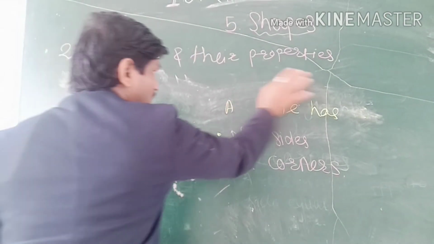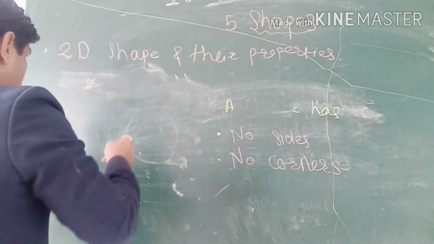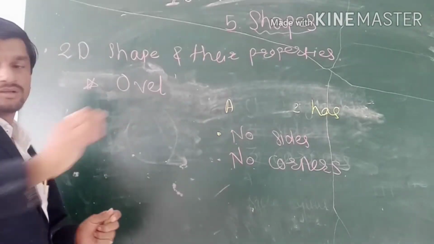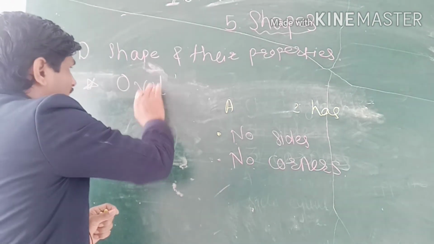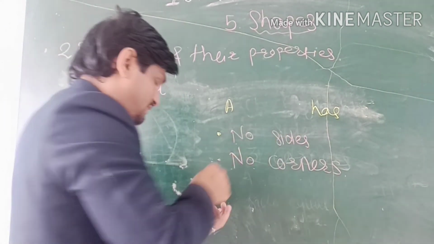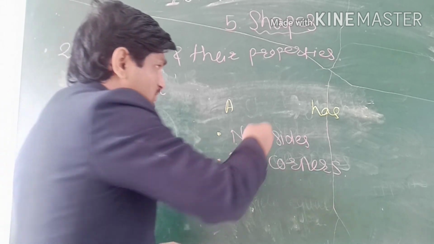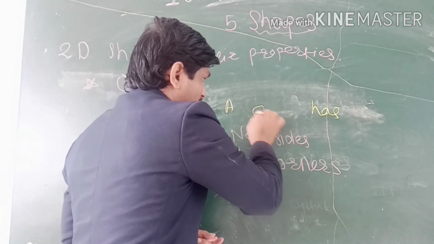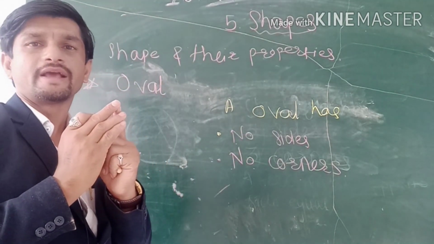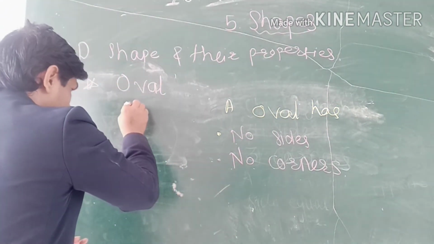I will show you about oval. Same, like circle and oval are the same, just the difference between both is their diagram. Like this, ovals are like this.